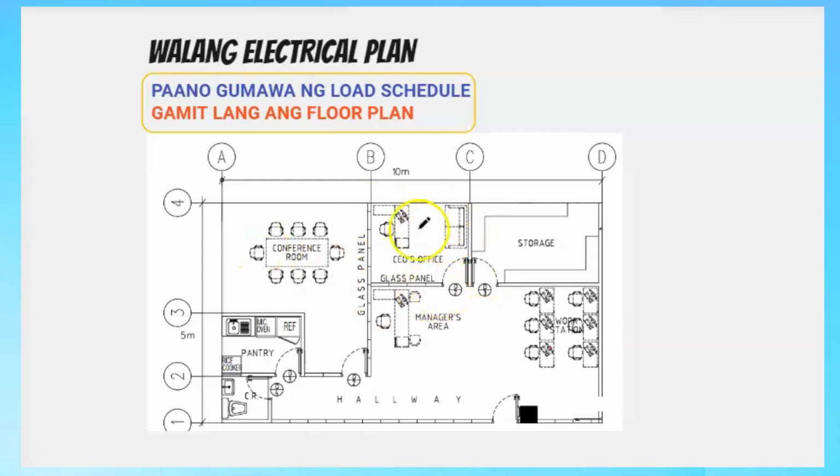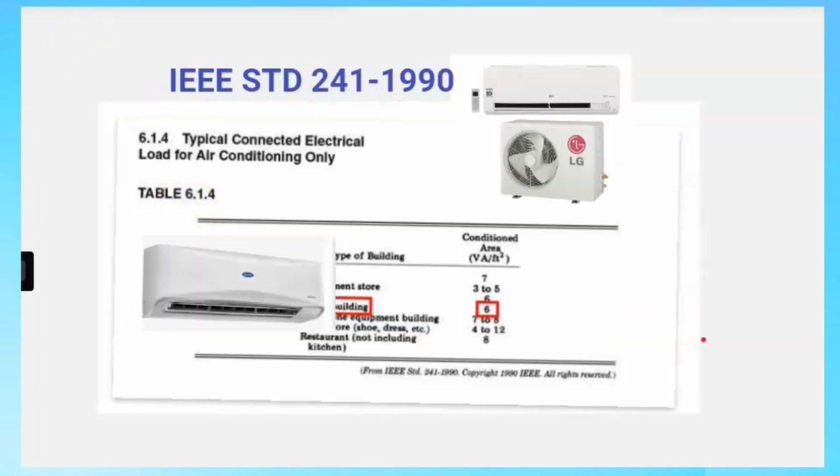So, from this area, 50 square meters, what is the calculated BE per square meter for aircon? So, we have a reference, let's look. Okay, from the IEEE standard 241, that's 1990. That is for typical connected electrical loads for air conditioning only.